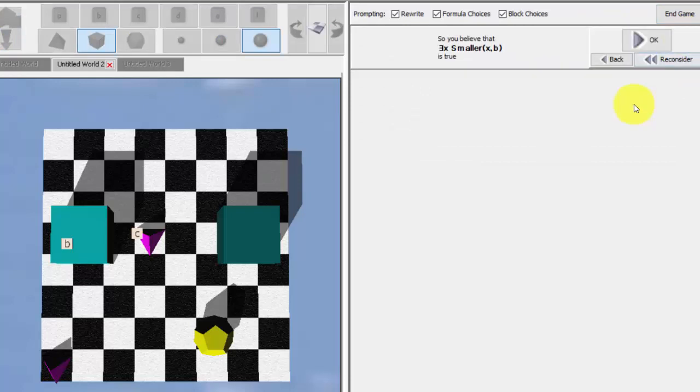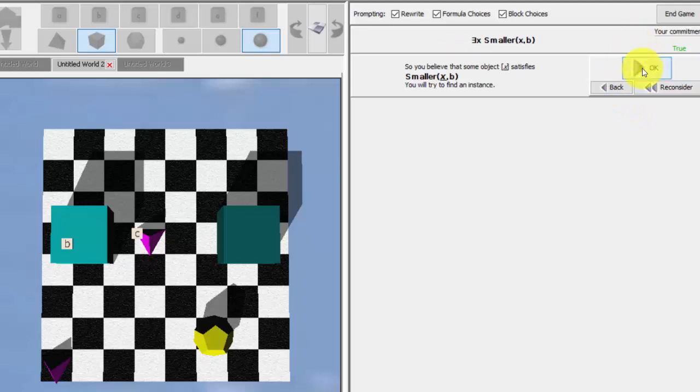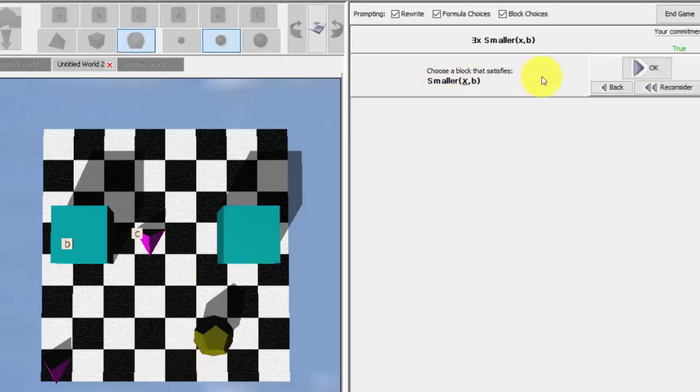Let's say I maintain that it was true. All right, so now what I have to do is choose a block that satisfies that well-formed formula, that X is smaller than B. I'm going to choose this dodecahedron.